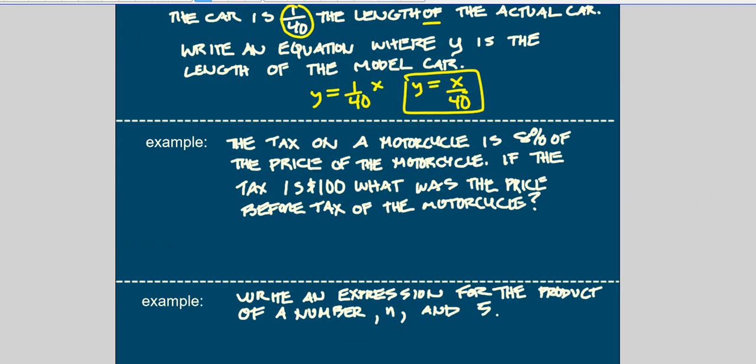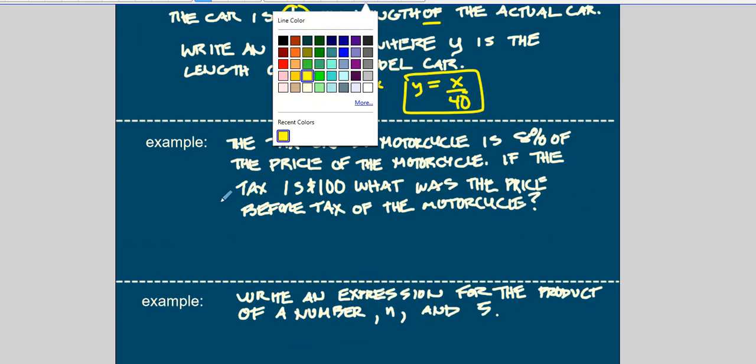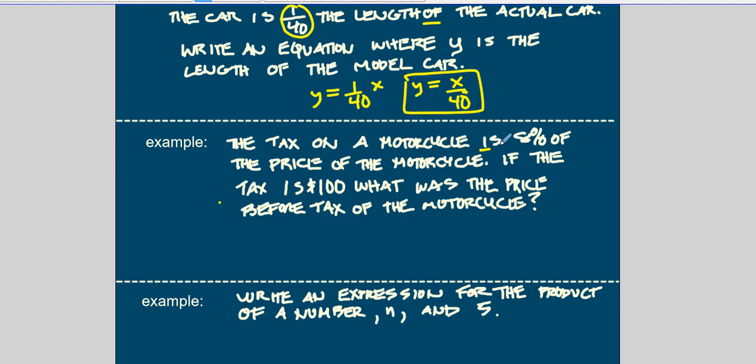Alright, so the next question. The tax on a motorcycle is 8% of the price. Of means times. Is almost always means equals. So this is key information here, and also I haven't emphasized enough that you need to be sure to figure out what you are actually trying to find in the problem.